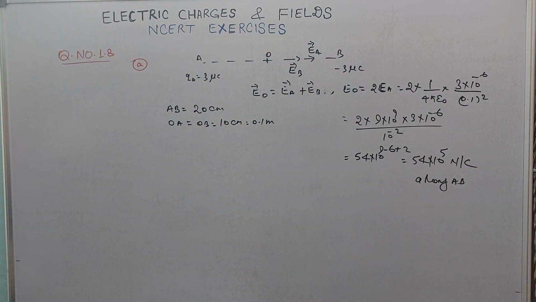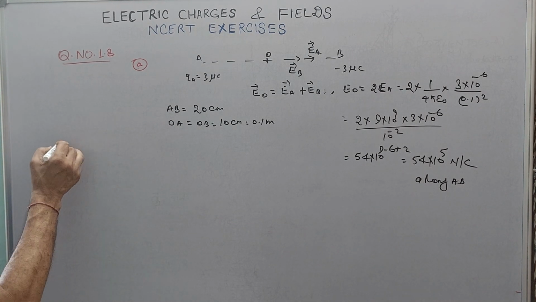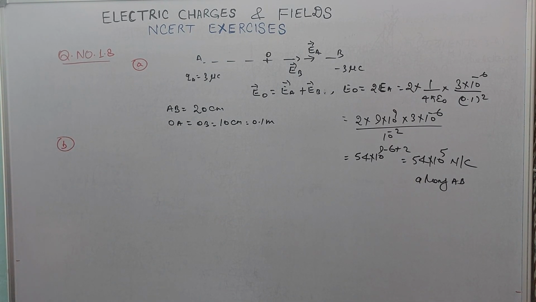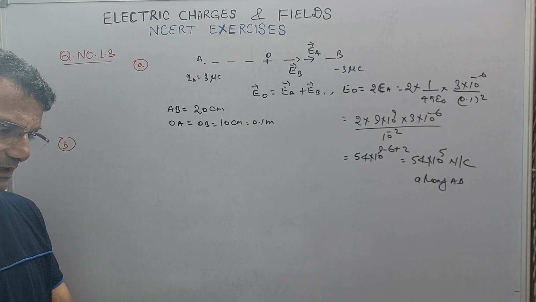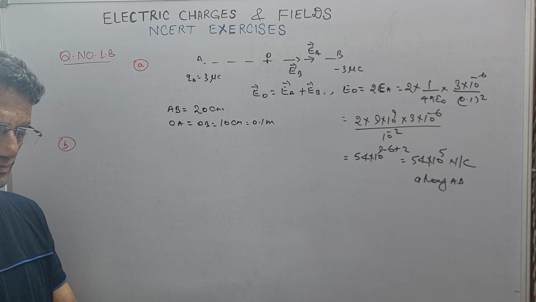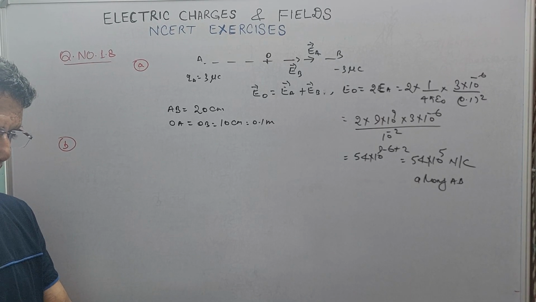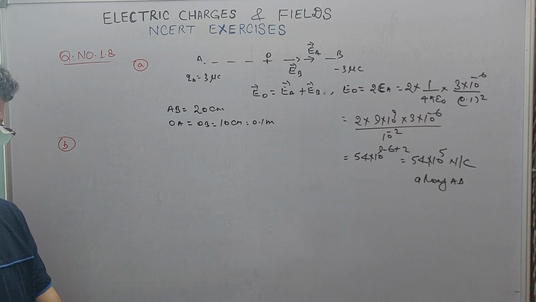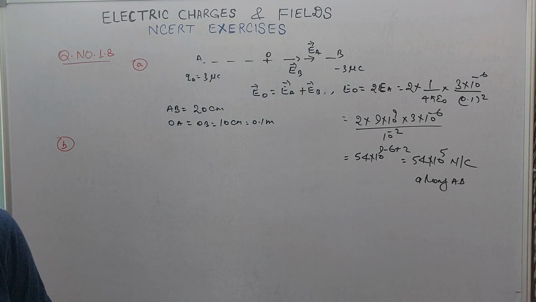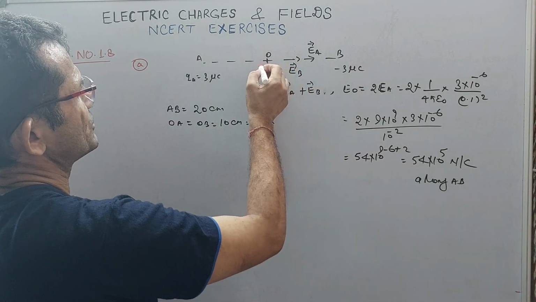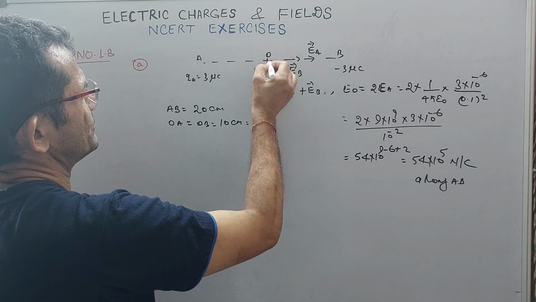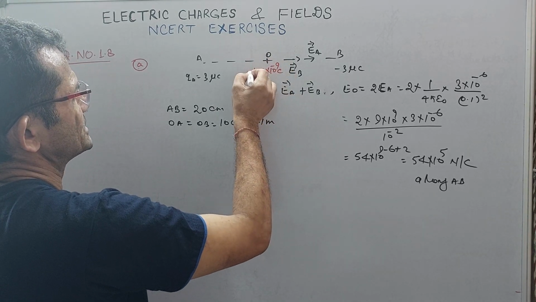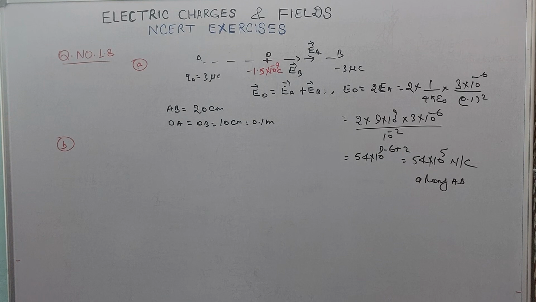Now the second part says that if a negative charge of magnitude 1.5 into 10 raised to the power minus 9 coulomb is placed at this point, what is the force experienced by this test charge? If I place a test charge of negative 1.5 into 10 to the power minus 9 coulomb at the midpoint, this is a negative charge.